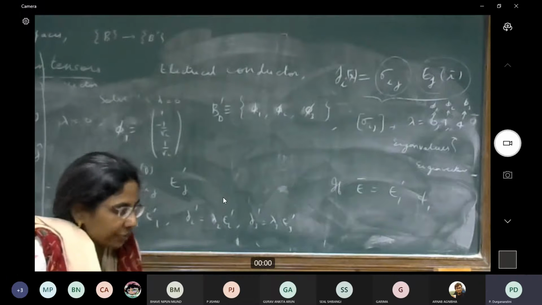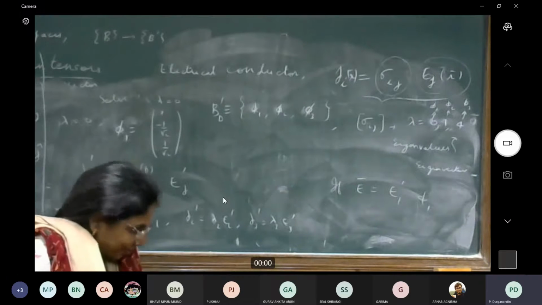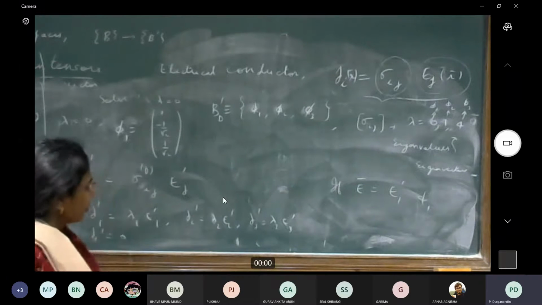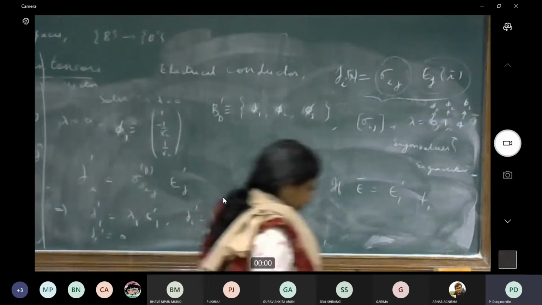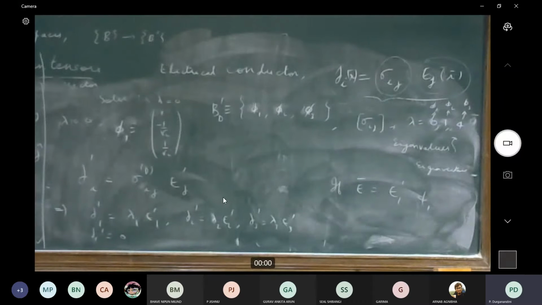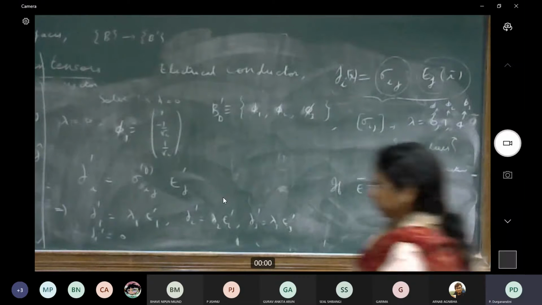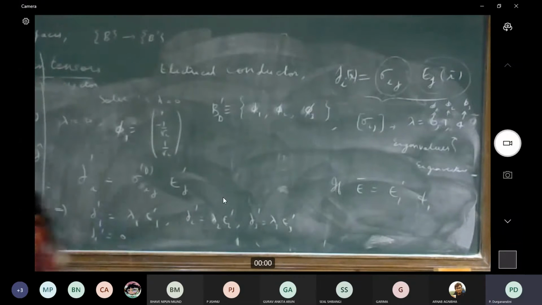So this is an example where you actually use a tensor, where you really show that a physical property is described by a tensor of rank 2, a higher order tensor. And further, I can use the tensor properties to find out some physical consequences.